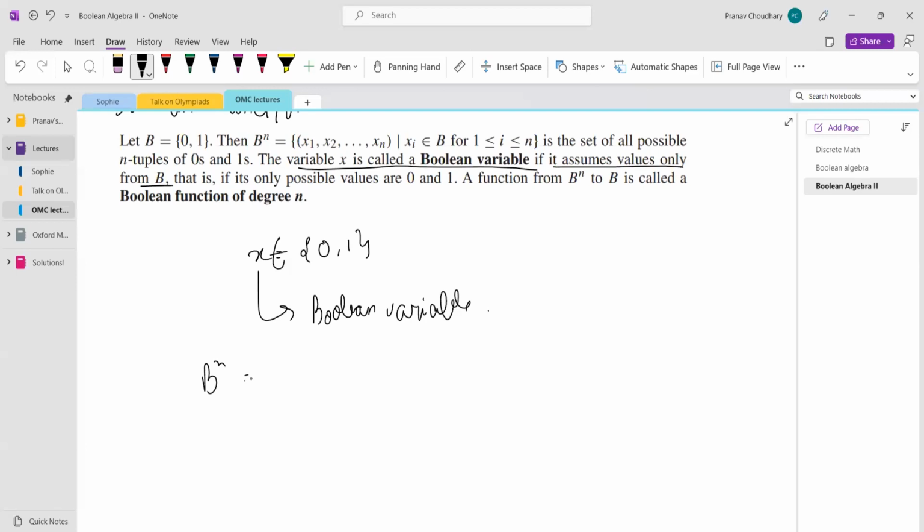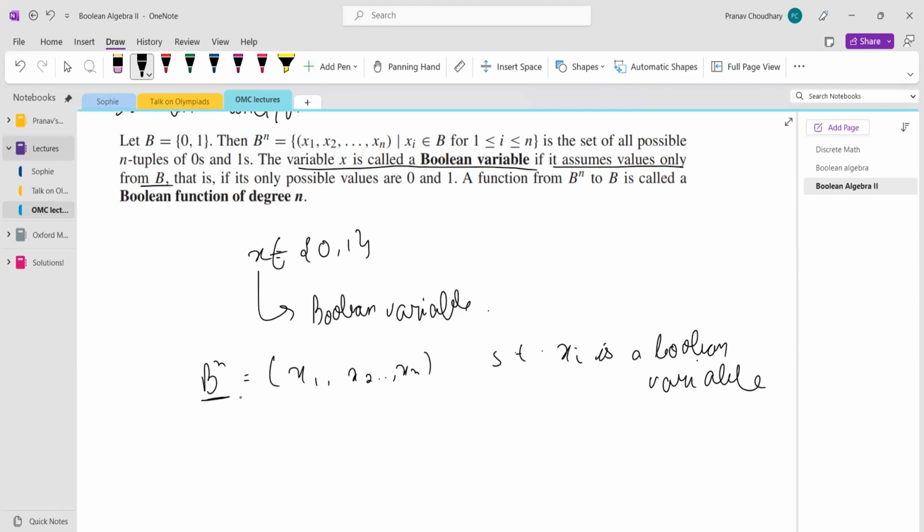Consider B^n to be the set of all tuples of length n such that each xi is a Boolean variable. So this is a tuple of n Boolean variables.